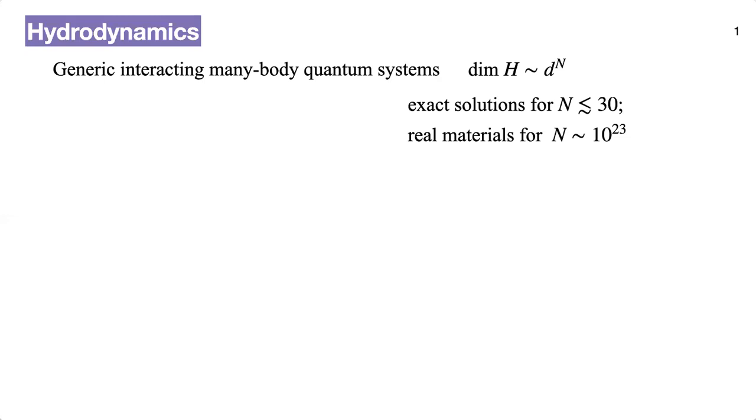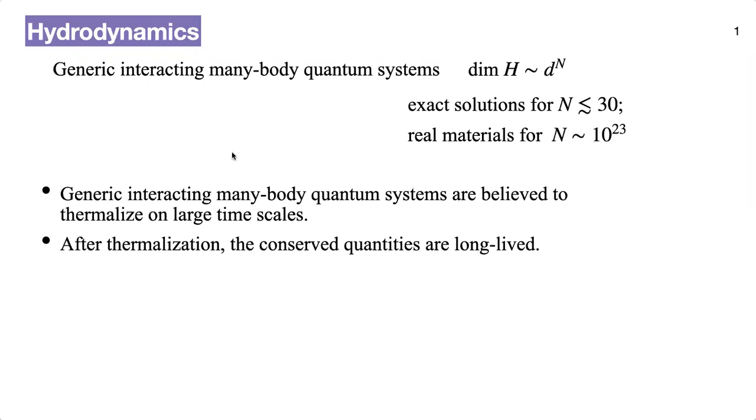So, even though you cannot get the full knowledge of the full dynamics, one may ask what else? I mean, what universal feature can we get out of this quantum system? The lesson from statistical mechanics tells us that a generic quantum system will thermalize on large time scales. After thermalization, many modes decay rapidly, while only those with conserved quantities are long-lived.